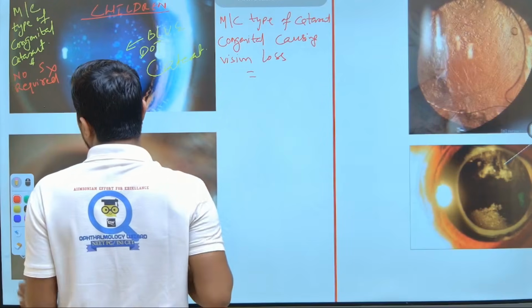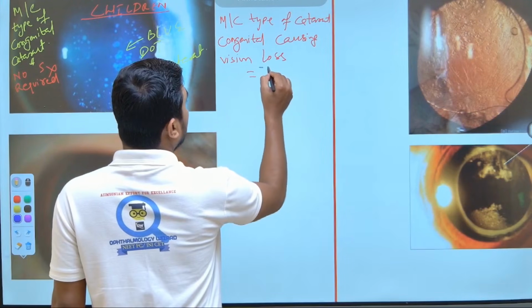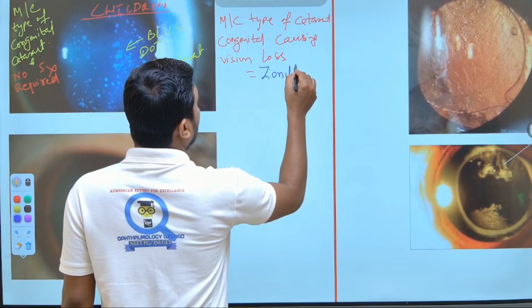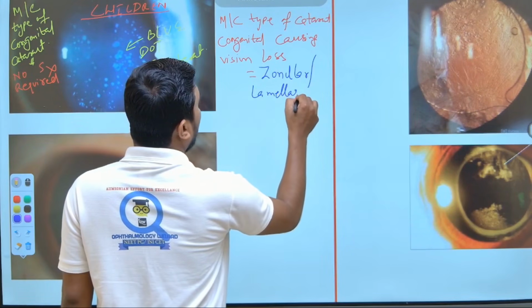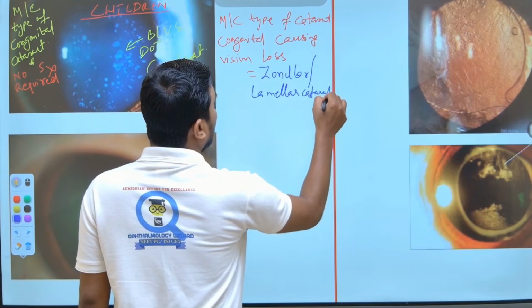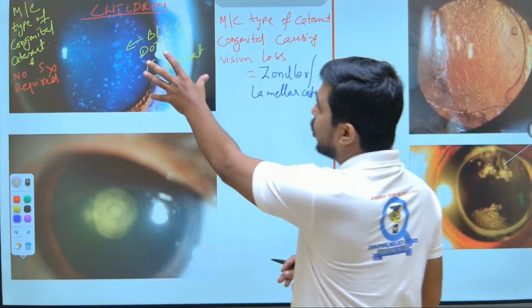The answer is very simple. It is zonular or lamellar cataract. So you can have this type of MCQ because of this.